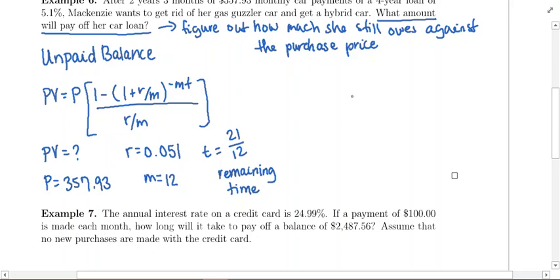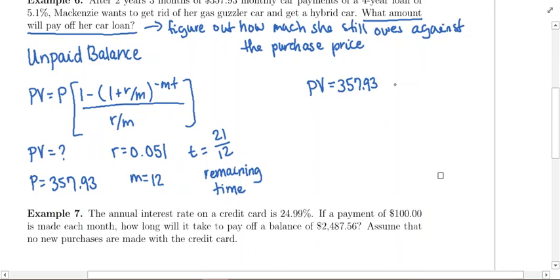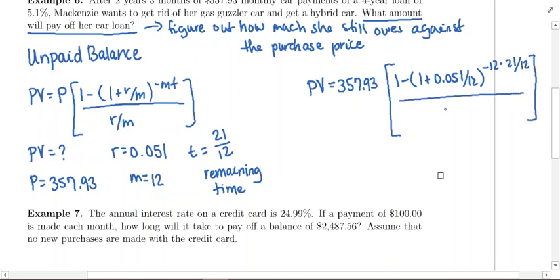Now we're going to put all of this into the formula. We're going to have $357.93 times 1 minus parentheses 1 plus the r value divided by m, raised to the negative m times t, and then everything is divided by r over m. That's how you would set this one up.